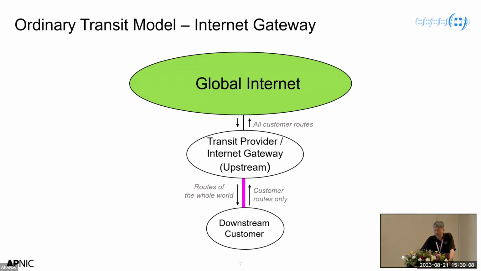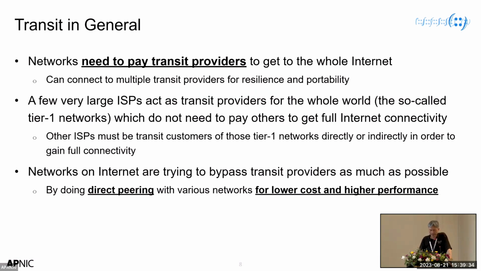The key point is they provide you the connectivity to the whole internet. Assuming you use the BGP protocol to exchange routing information, you would announce what networks you are carrying, and then you get from your transit providers the routing table of the whole internet. And of course, you need to pay to get the transit.